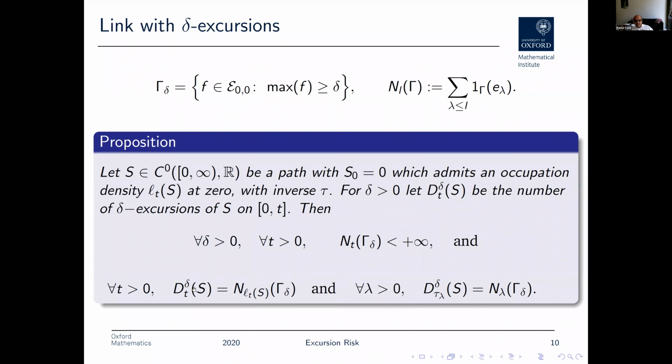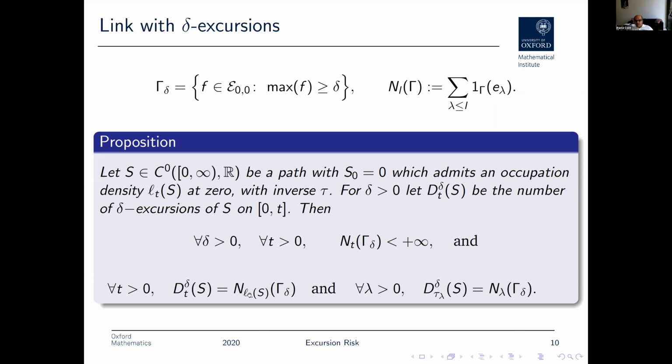So it means that these two objects are the same, counting the same thing, but this one is in real time. This one is formulated in the time variable, which is not real time, it's the occupation density. So you need to compute it not at t, but at L_t, the occupation density of the path at time t. Up to this time change, they're the same thing.